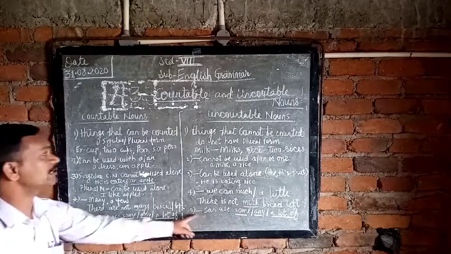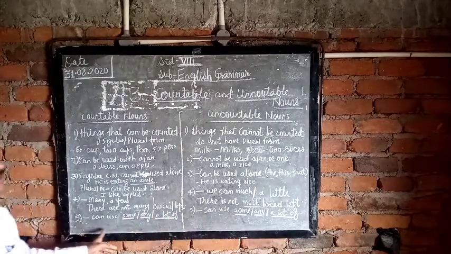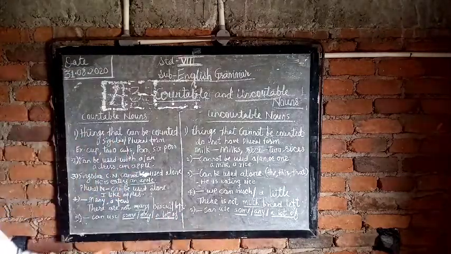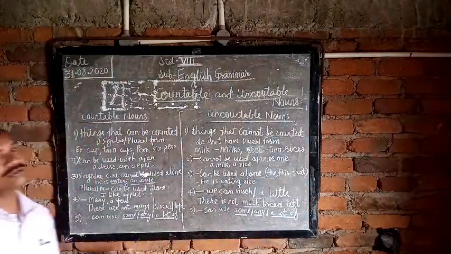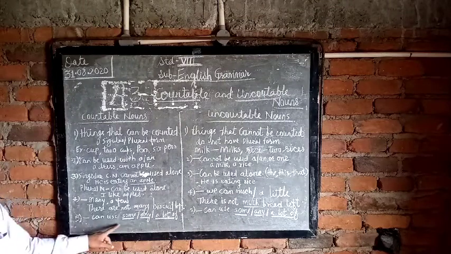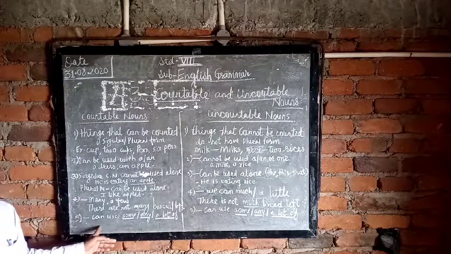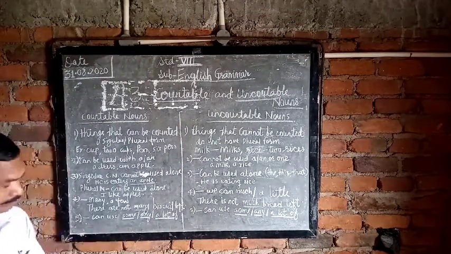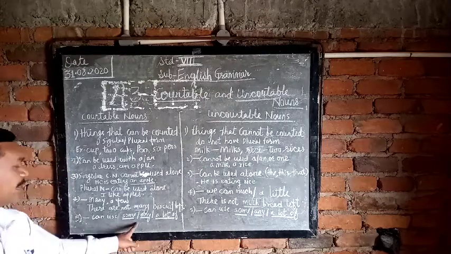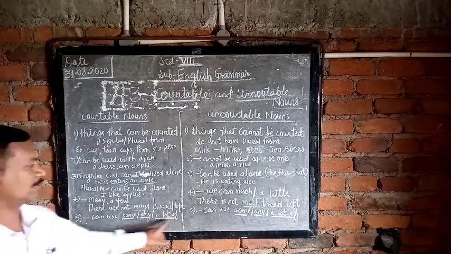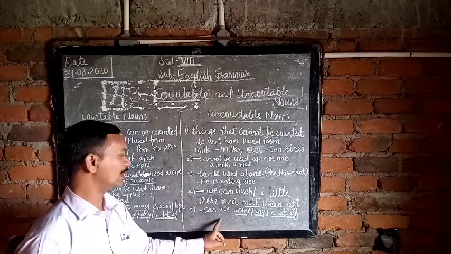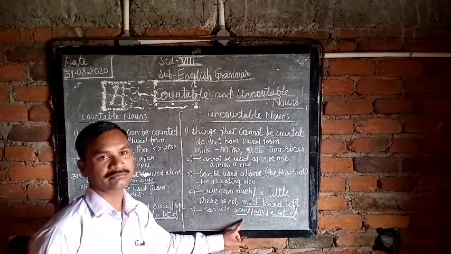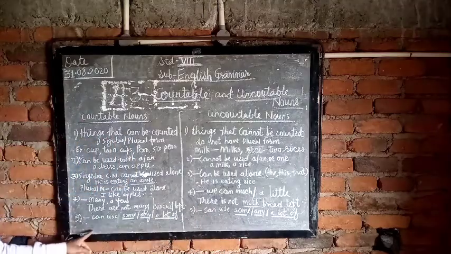In both countable nouns and uncountable nouns, we can use some, any, a lot of. On both sides, we can use them. For examples: I want some grapes. Use of some with a countable noun. I want some butter. Use of some with an uncountable noun.